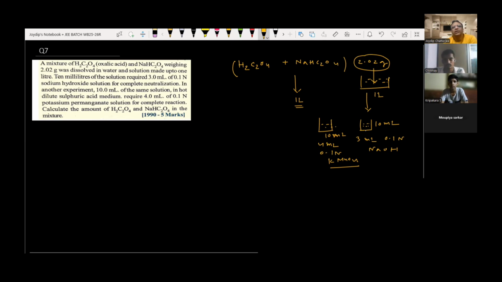Suppose this is X mole and this is Y mole, you can solve like this. Or in terms of mass also you can solve, no issue, it is up to you. Mass you can consider for one as X, another as 2.02 minus X, then what will be the number of moles, you can solve it that way also.